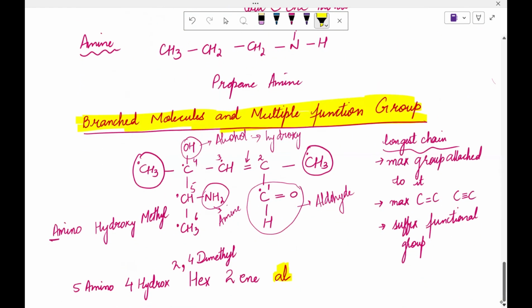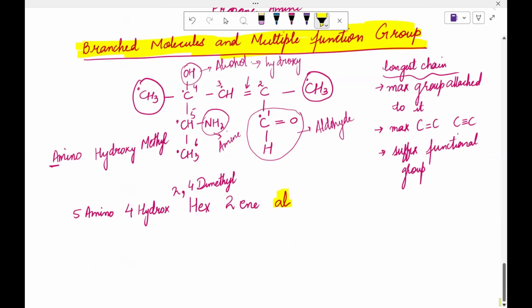And the other thing that I want to explain to you is, now come towards the branch. Functional groups here are methyl, this one, this one, and this one. And they would be arranged in alphabetical order.